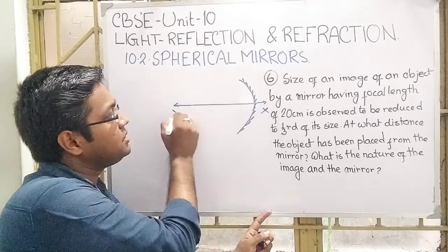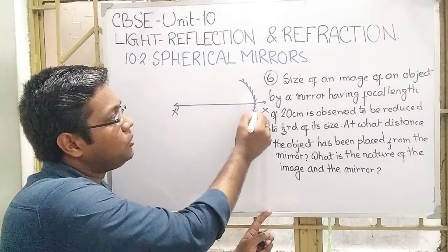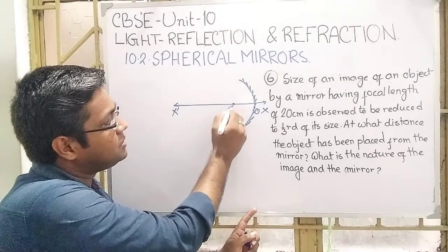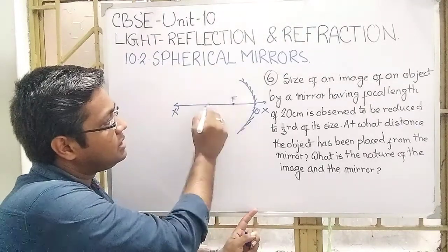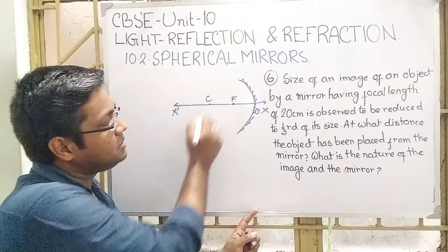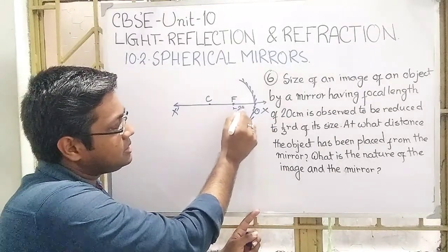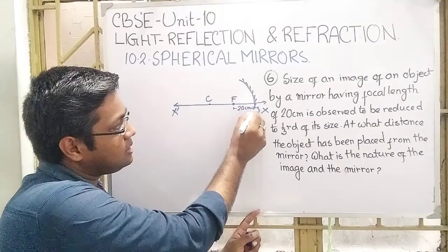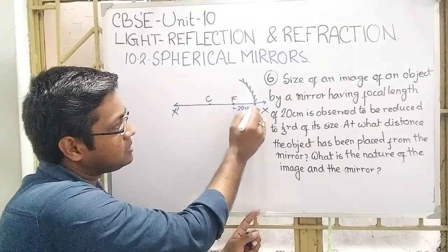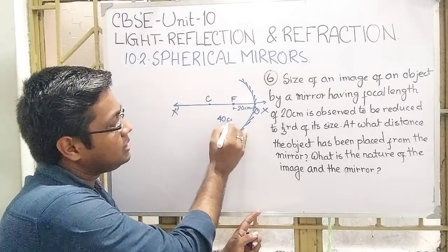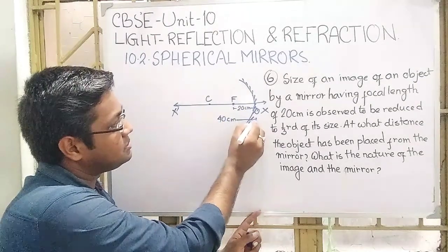Principal axis of the mirror, pole of the mirror, focus of the mirror, center of curvature of the mirror. From here to here, this distance is 20 centimeter, and from here to here it is 40 centimeter.